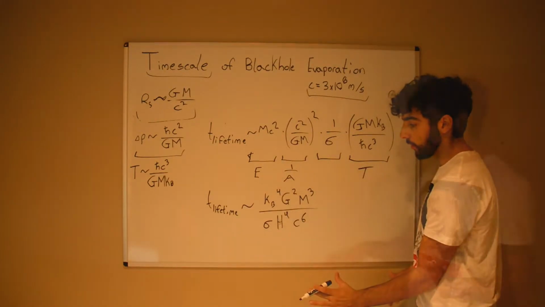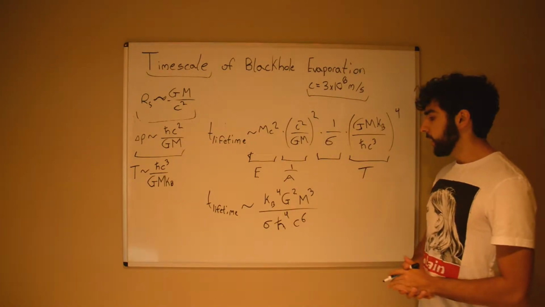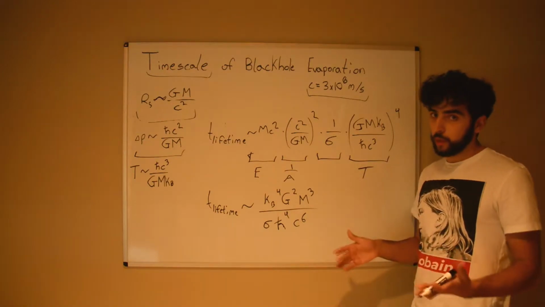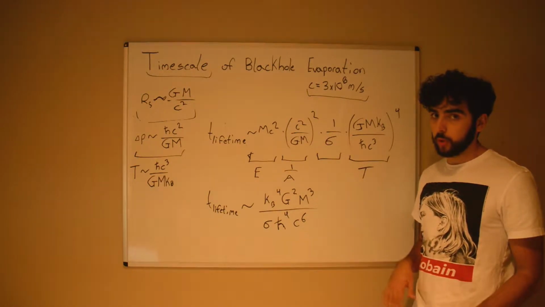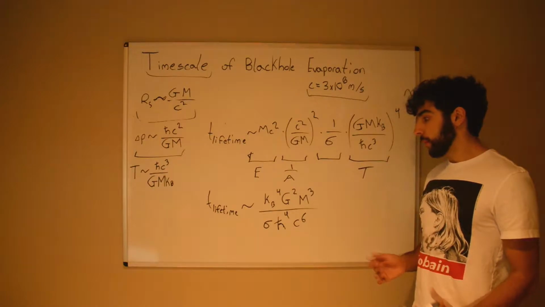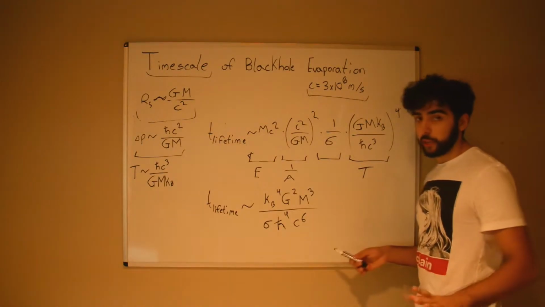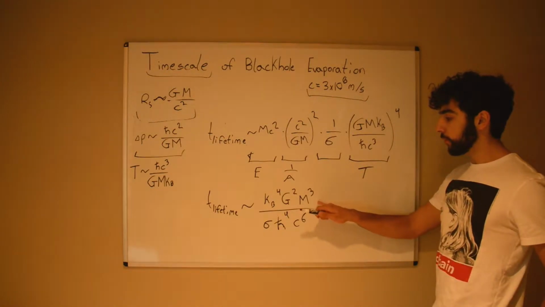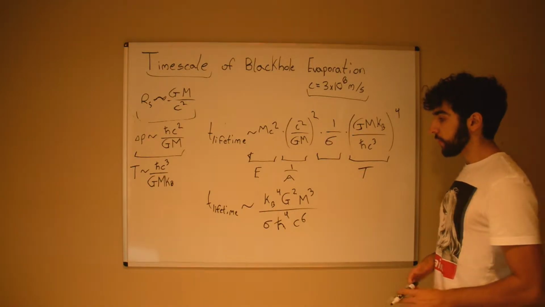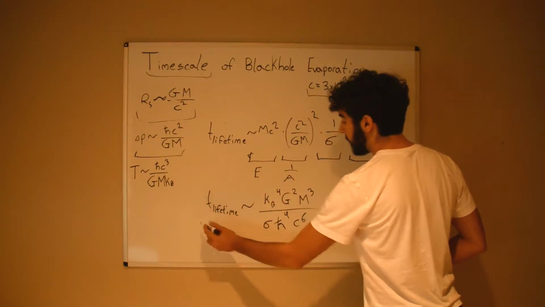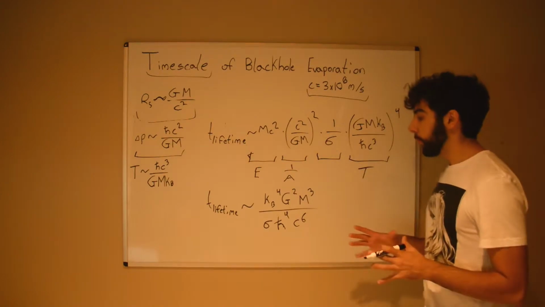Everything else is a constant. So this is our formula right here. Now keep in mind, I could have solved this with a differential equation and gotten a more rigorous answer, but still, remember, no calculus.